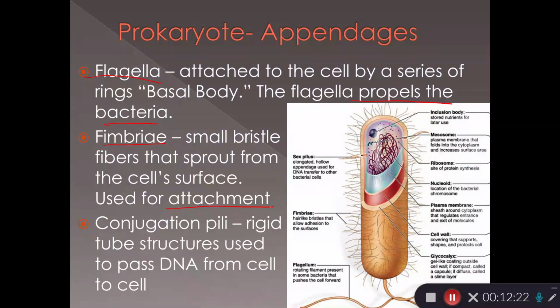And then we didn't cover this one already, but there's this right here. There's a thicker tube-like structure. Bacteria can extend a tube-like structure to pass DNA. I always kind of draw it out like this. Here's a bacteria, here's another bacteria. Only some bacteria can extend a tube-like structure, and it can exchange DNA through the conjugation pili, or the picture says sex pili.